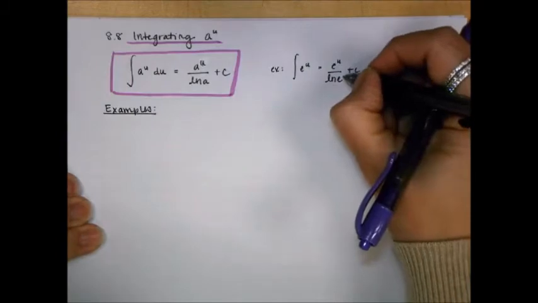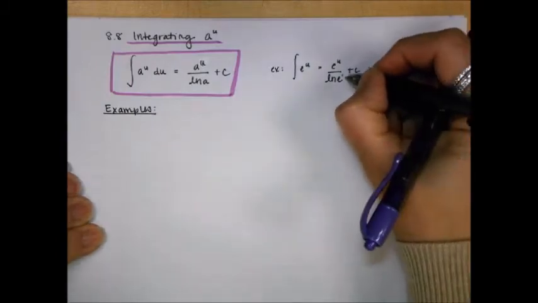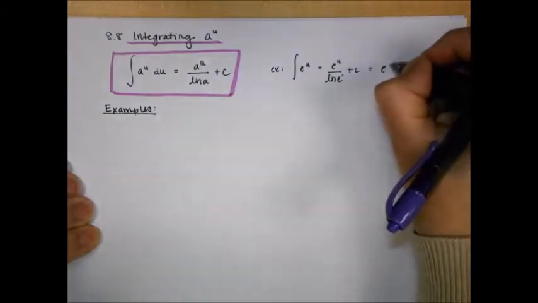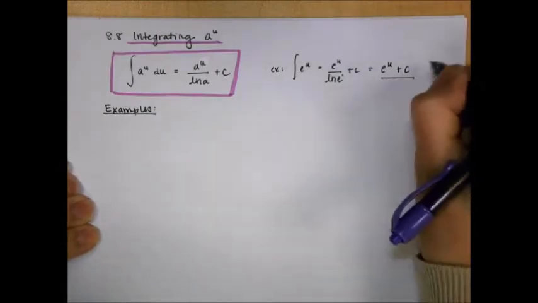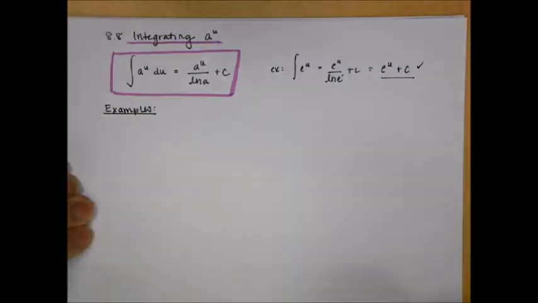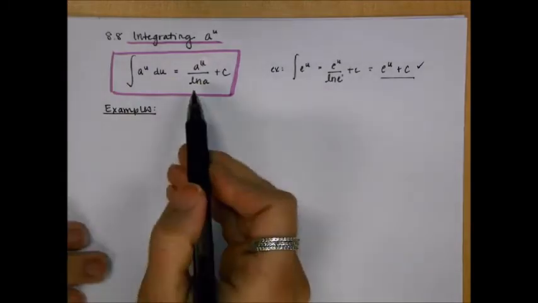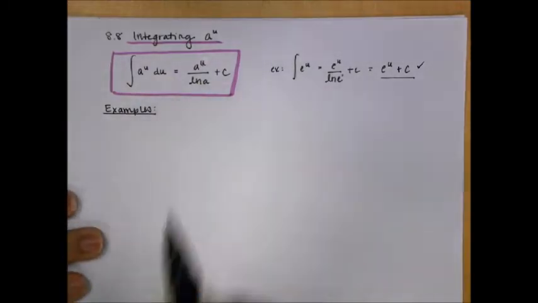They leave behind the only thing left, which is the exponent 1, e to the u divided by 1 plus c. And sure enough, this was our formula when we integrated e to the u. So for our examples today, we'll just practice integrating a to the power u.